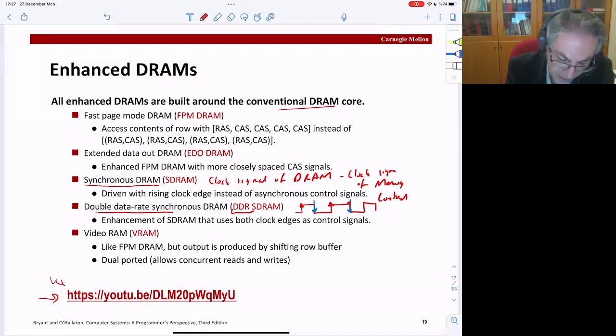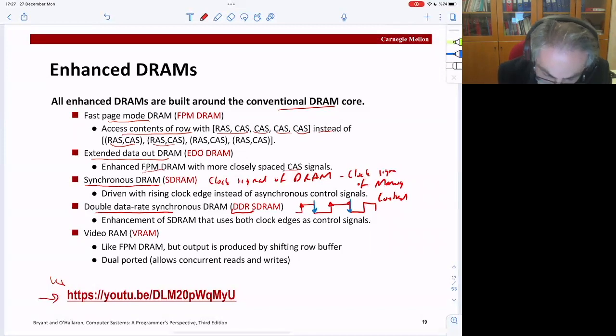Here we have, for example, fast page mode DRAM, which accesses a row with RAS and then multiple columns with CAS. And we have extended data out DRAM, which has an enhanced fast page mode. This one is interesting: synchronous DRAM. In this case, the DRAM is driven by the rising clock edge instead of asynchronous control signals.